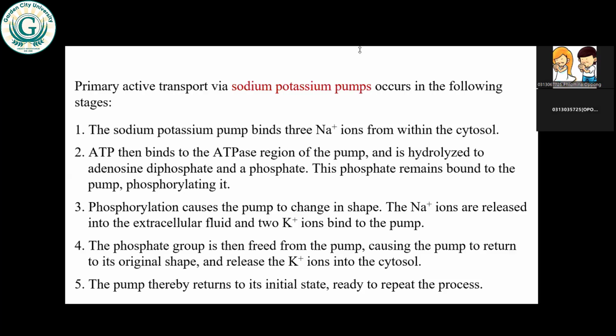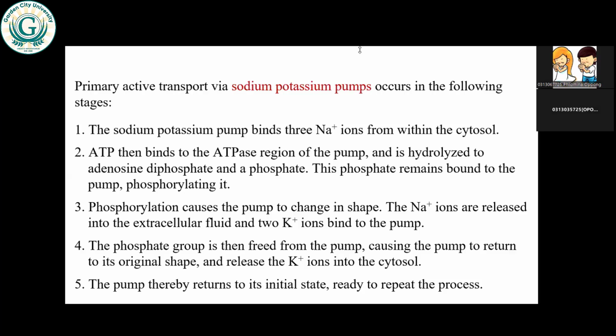So in this instance, we have ATP, which is energy. The ATP also binds with the ATPase region on the calcium pump. And once it binds to it, it causes the pump to adapt a different shape. That is the phosphorylation.